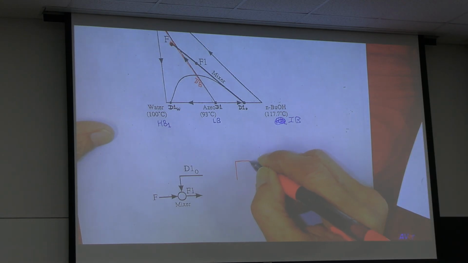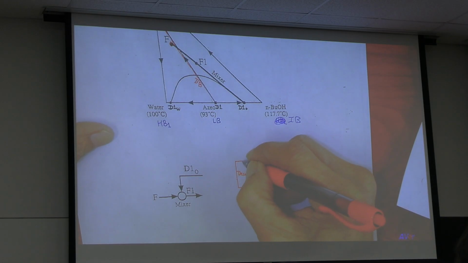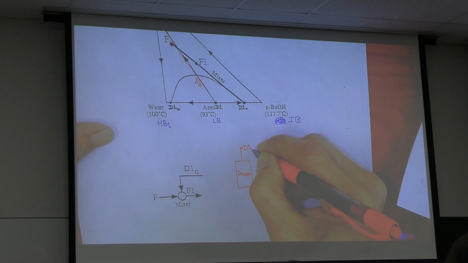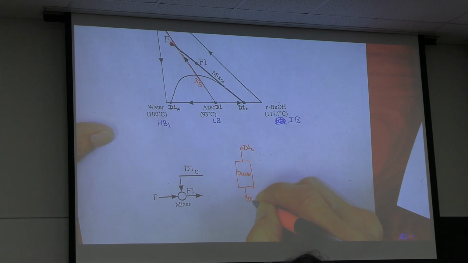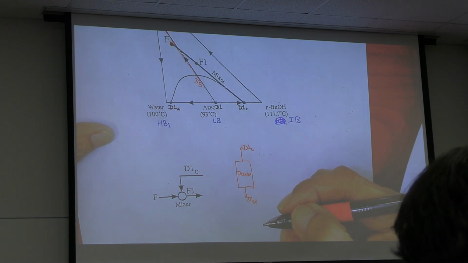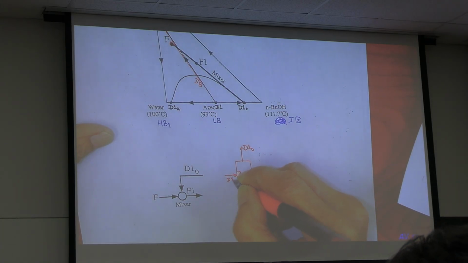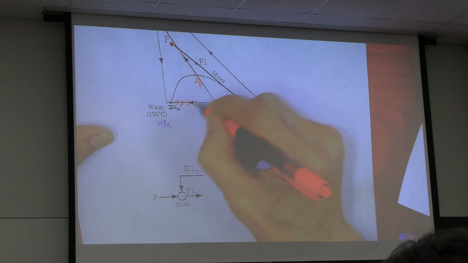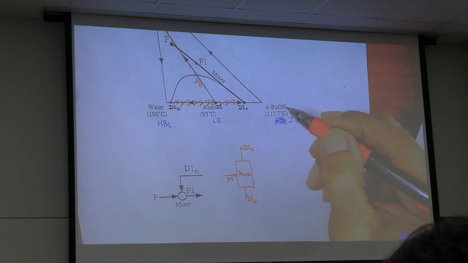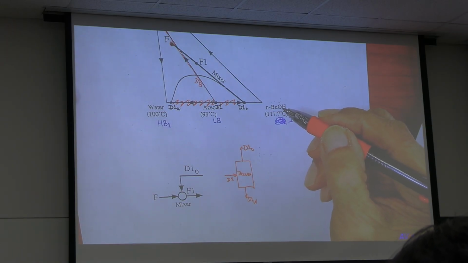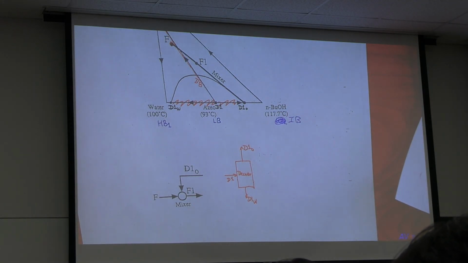I put a decanter here. D1O, D1W, D1. There it is. Can you finish? Need two more columns.